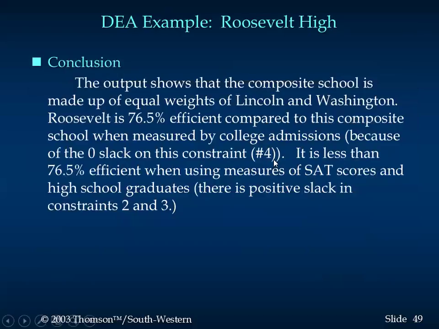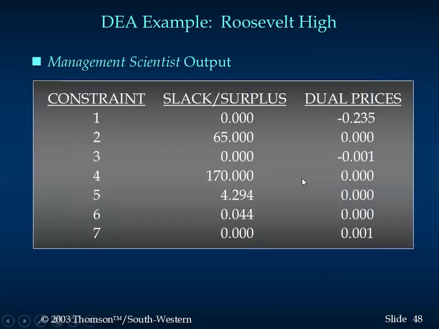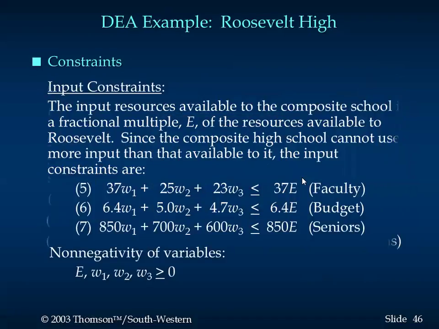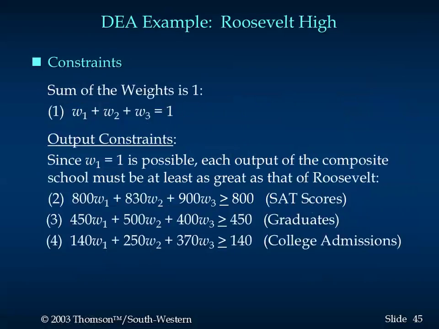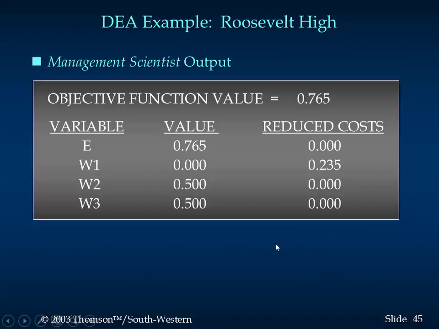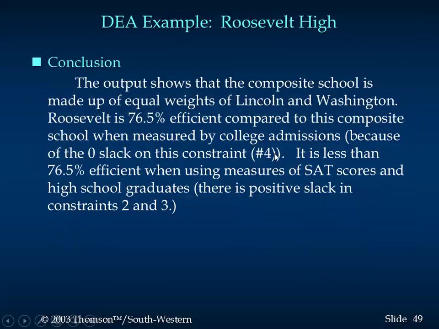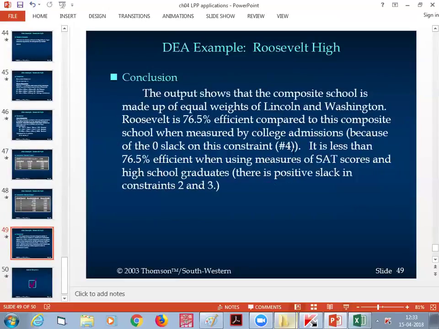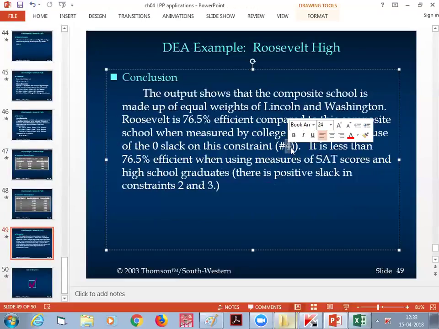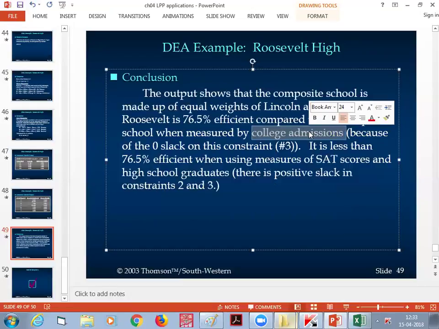It's 76.5% efficient compared to the composite when measured by graduates, not college admissions. Maybe I'll just edit this. Constraint number 3, graduates.